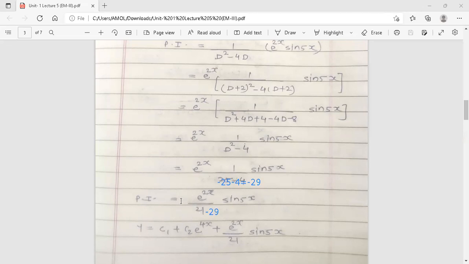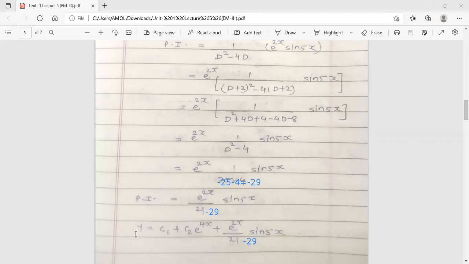So here the PI is e raised to 2x upon minus 29 into sine 5x, because we have replaced D square by minus 25. It is a trigonometric function.